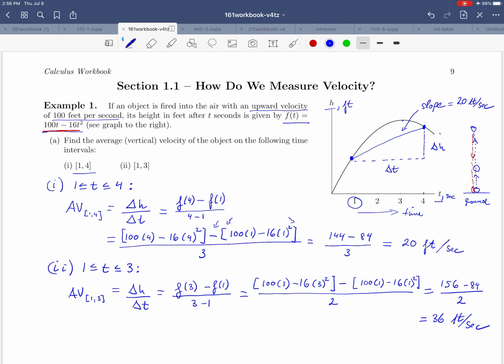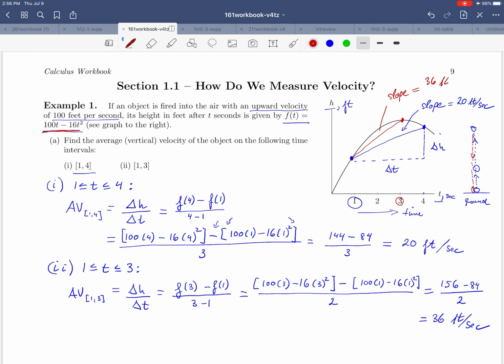We can also visualize the second average velocity we computed between 1 and 3 seconds. So there we looked at 1 and 3. So we are looking at another point, and that seems to be the highest point that our ball reaches. And so we computed also the slope of the steeper line. And indeed, it looks steeper and it has a higher value.